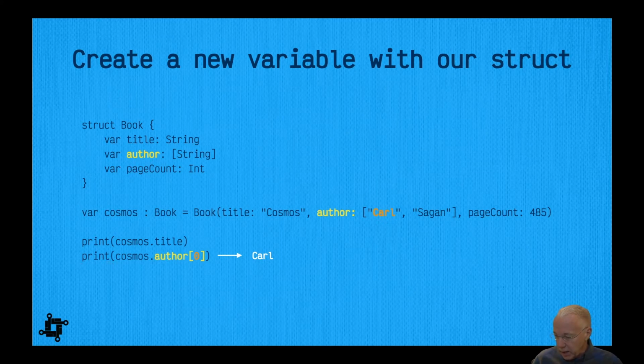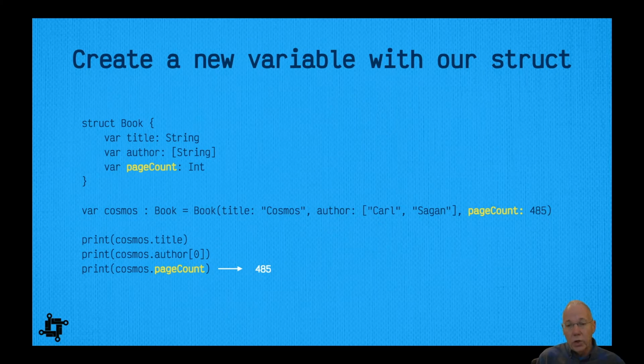So we're printing cosmos.author, but because it's an array, we have to give it an index. We could print out the whole array and it would print all the elements, but let's say we're just printing the first name. We can do author[0] here and we would end up seeing Carl. And then finally, if we want to do pageCount, we're doing cosmos.pageCount, and that's referring to this property right here. And remember, it was initialized with that 485, and so now we have printed cosmos.pageCount.